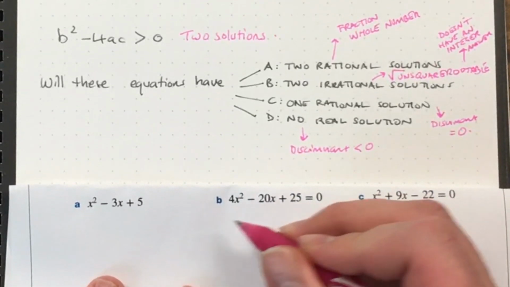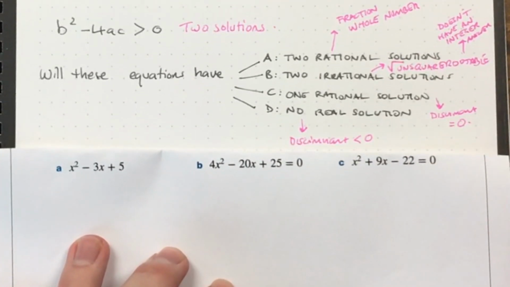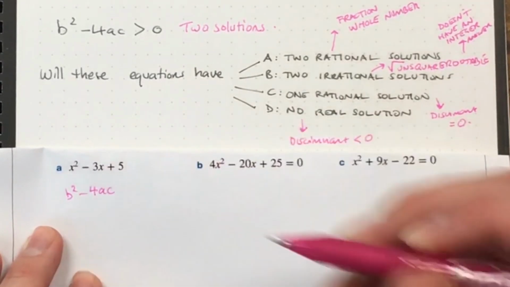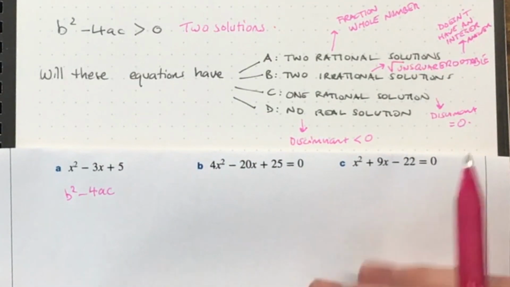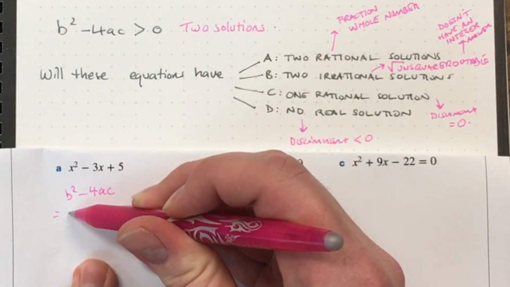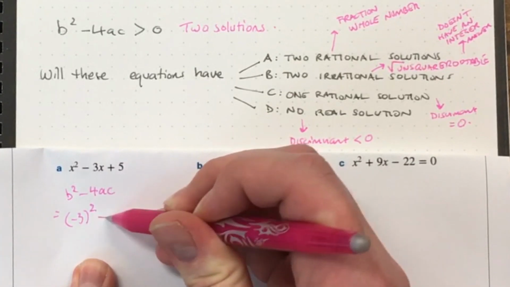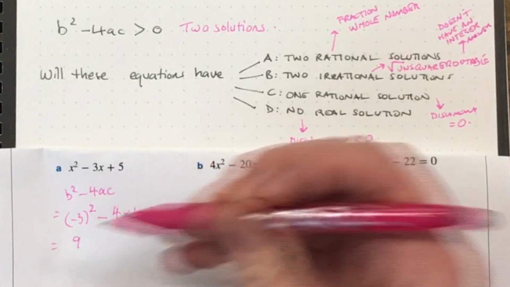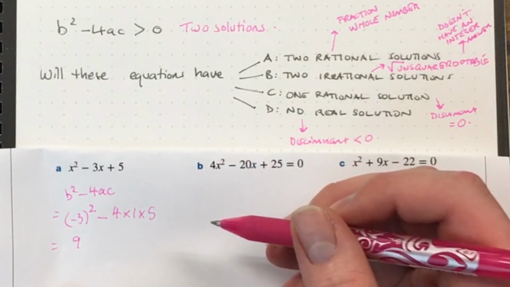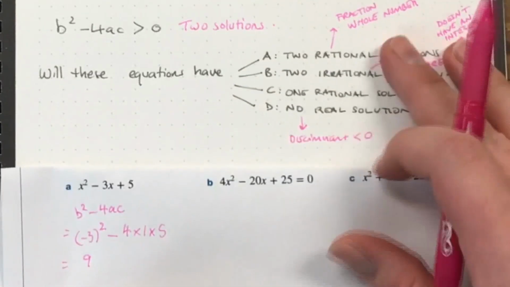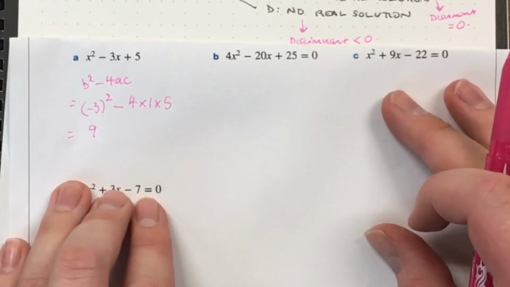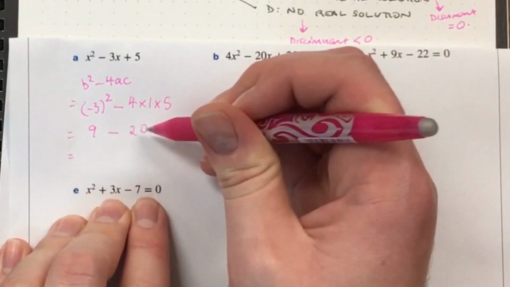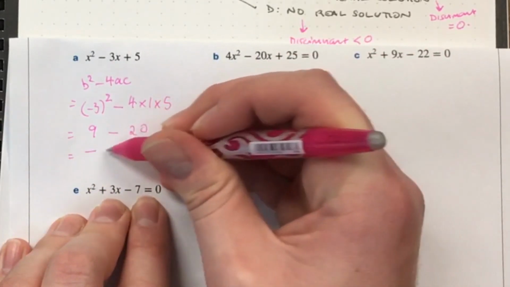For each of these questions, I'll ask you to find how many solutions we'd have. So b squared minus 4ac here. This would be negative 3 squared minus 4 times 1 times 5. 9 minus 20 is going to be negative 11.